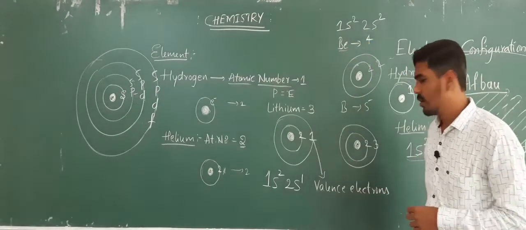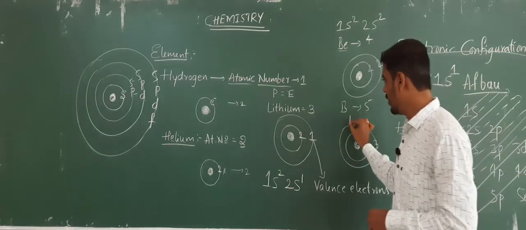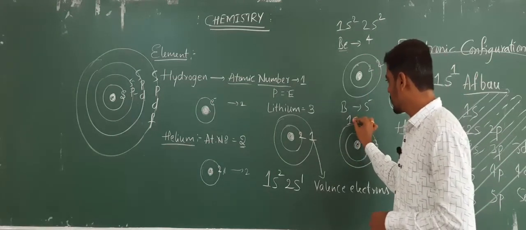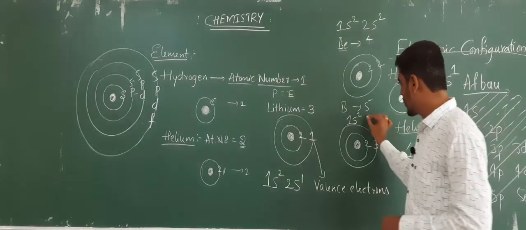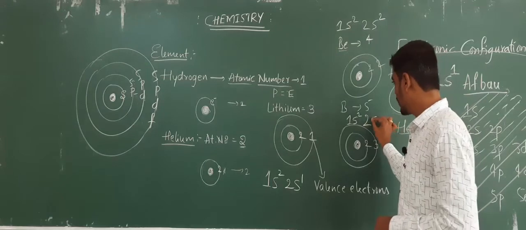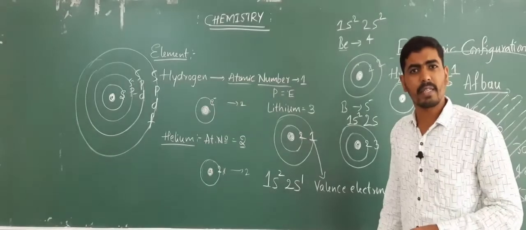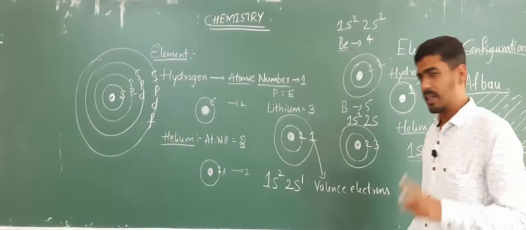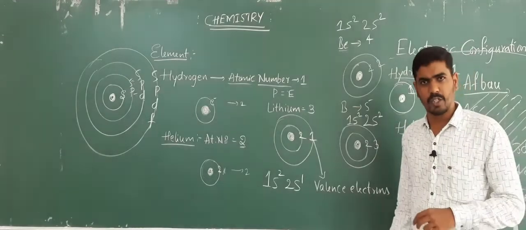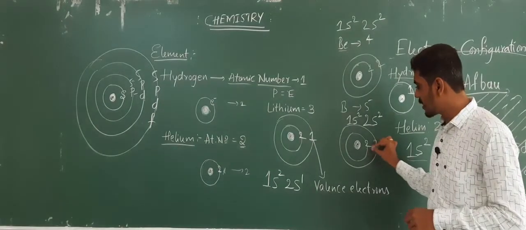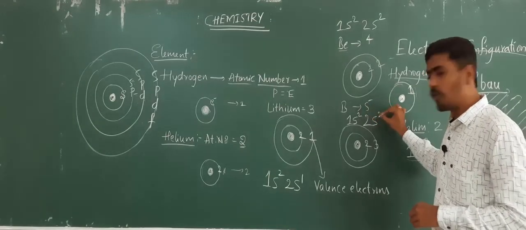Then boron. Boron electronic configuration, see, first shell, in S subshell 2 electrons are there, and second shell, first it will fill up in the S subshell. What is the maximum capacity of S? 2, and hence the 2 electrons get filled up in the S subshell. But here totally how many electrons are there? 5. How many electrons are filled? 4 electrons.